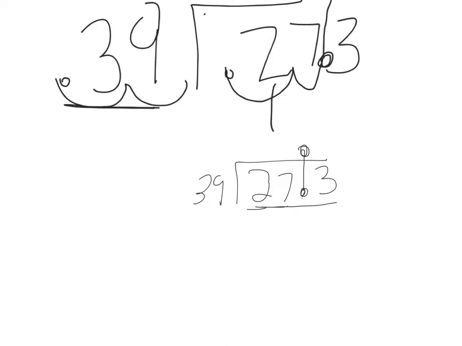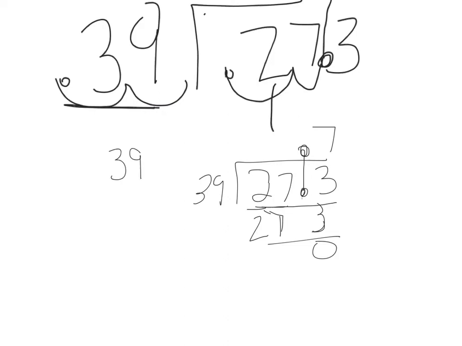And so if we look at 39, we're going to eventually figure out that 39 goes into 273 7 times. 39 times 7 is 273, and we get 0.